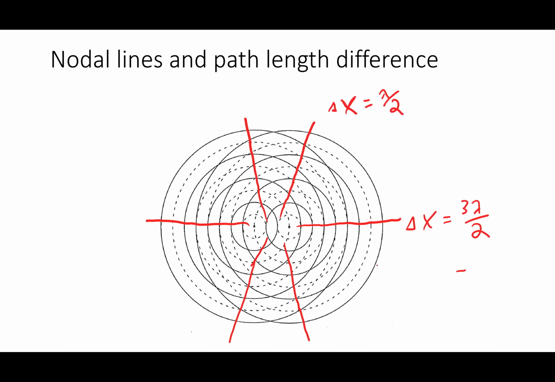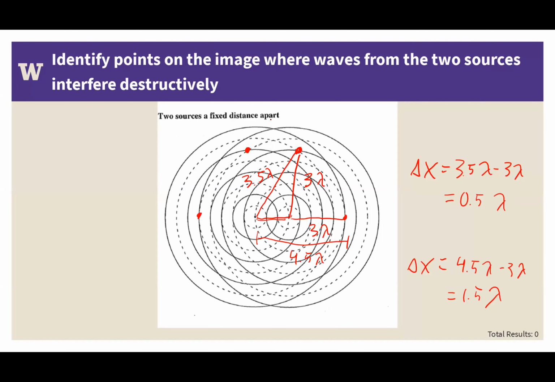If I were to plot out some of these points, I could keep track of that path difference. So say this point where I've got destructive interference is a distance of 3 lambda from one source, so 1, 2, 3 lambda from that source, and a distance of 1, 2, 3.5 lambda from the other.